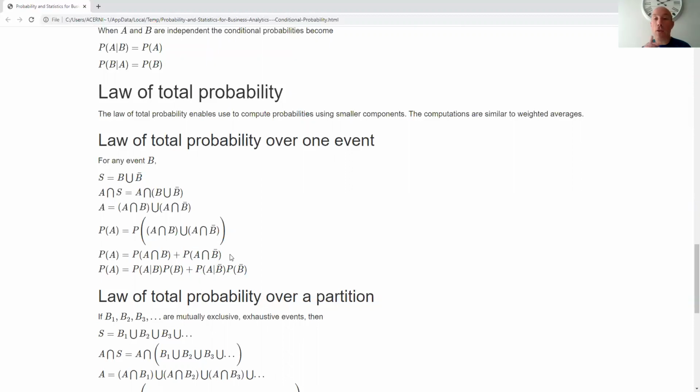Next, I can use conditional probabilities to convert the intersections into conditional probabilities.